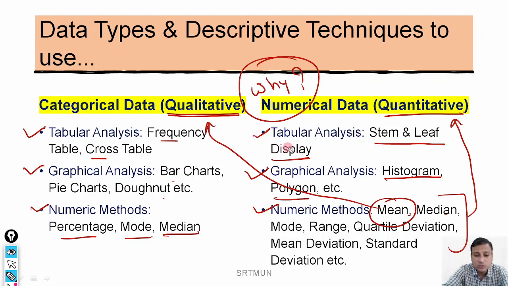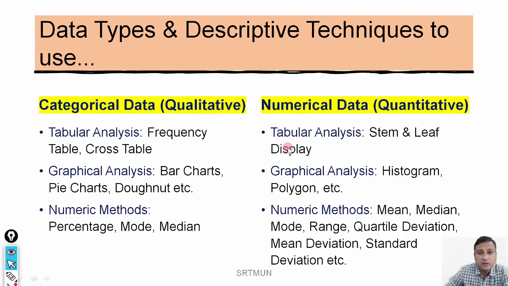Fine. Objective of this lecture is to just make you familiar with the classification of statistical techniques and the methods involved in each. Fine. So here the thing is that first you will have to identify the type of data, and then you will have to decide which descriptive technique you can apply to that respective data.